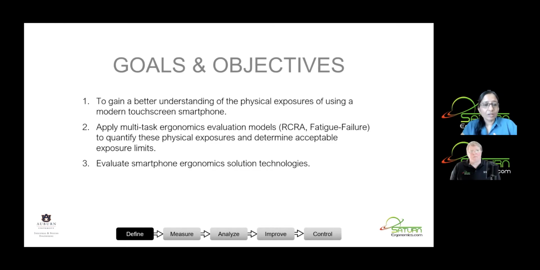And we are also targeting to apply multitask ergonomics evaluation models, which is RCRA, fatigue failure, to quantify these physical exposures and determine acceptable exposure limits. And our last objective for this project is to evaluate smartphone ergonomic solution technologies. And these all come under the define phase of the DMAIC approach to address the issues of ergonomics while using the smartphones.